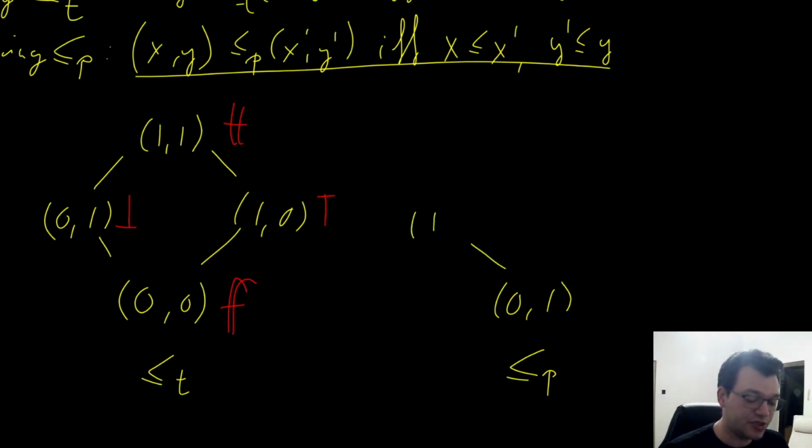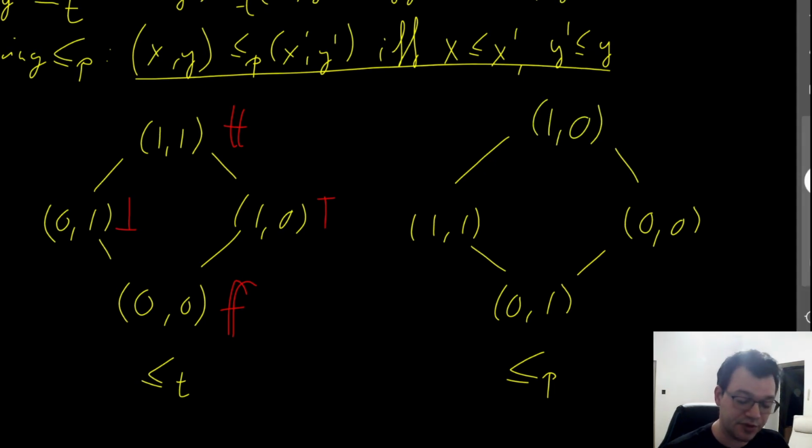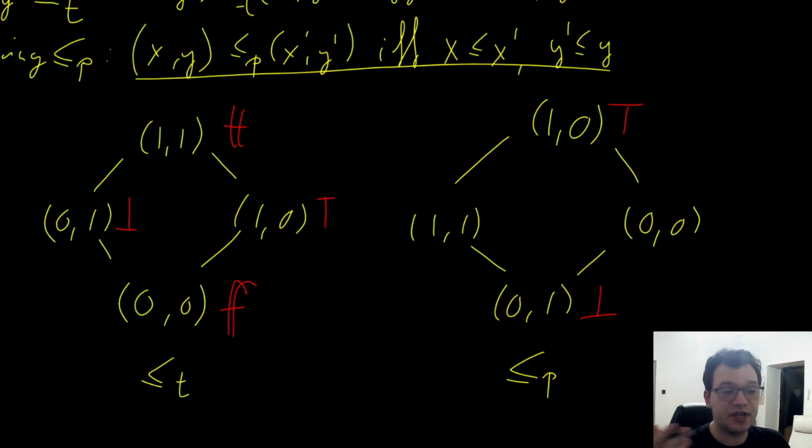If you push this upwards, or push the second one downwards, you end up with these two values, and according to this ordering they are not comparable, and then you push the other direction to the other side. This is the reason why this one is called bottom and this one is called top, because according to the precision ordering they are the least and the greatest element of this small poset. And then we have the true value, and the false value as well.